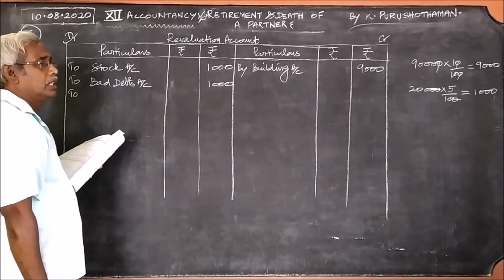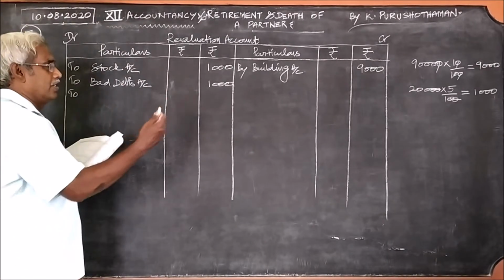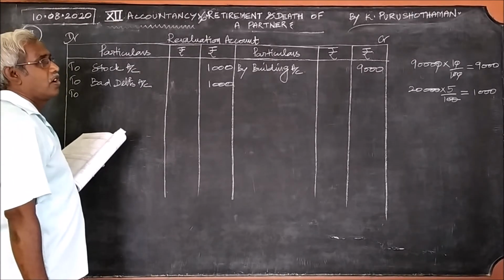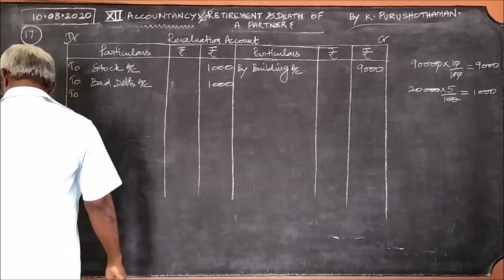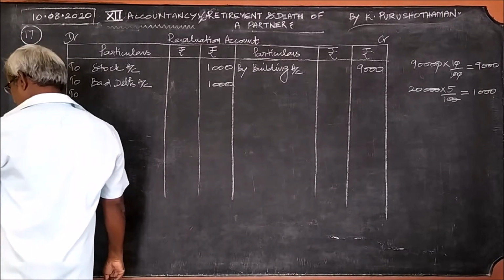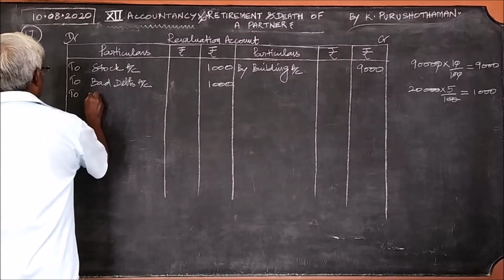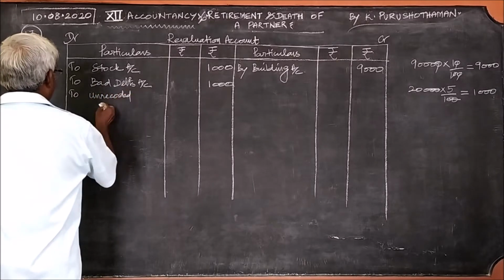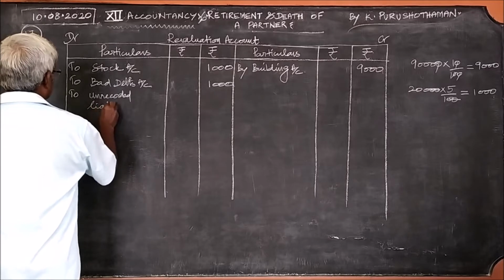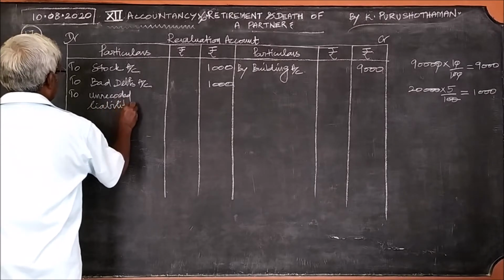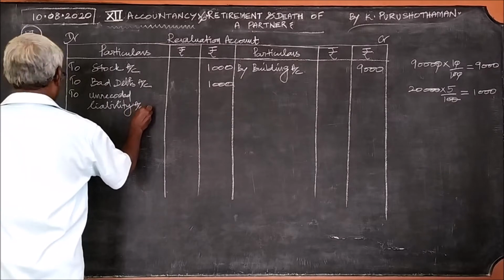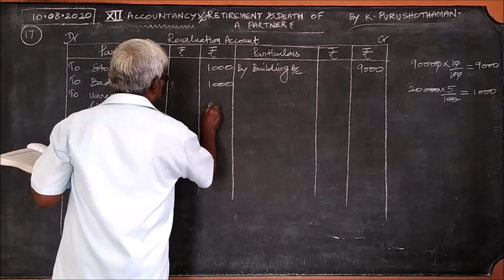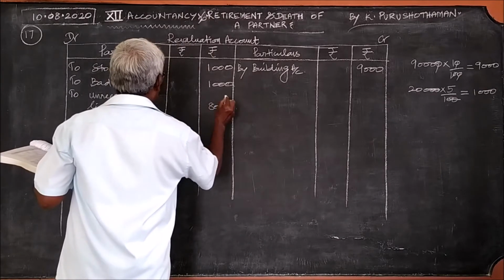The amount that the business has to give to others is called a liability. So provide unrecorded liability, that is, unrecorded liability account. The amount is 8,000.